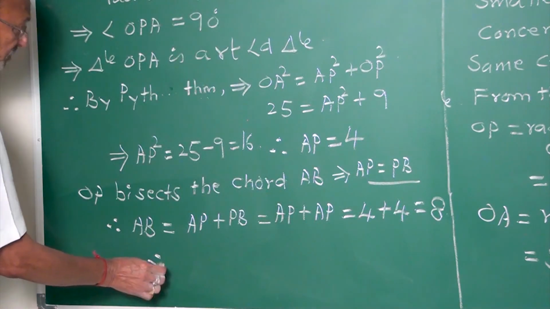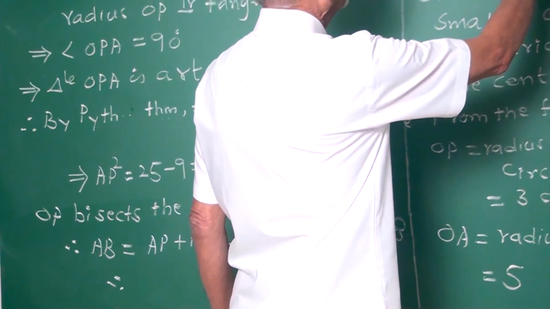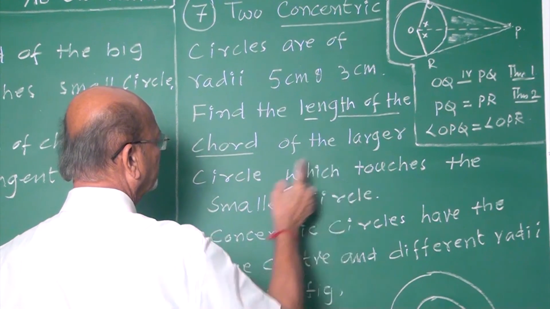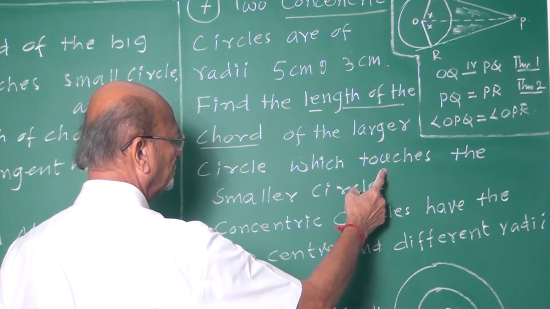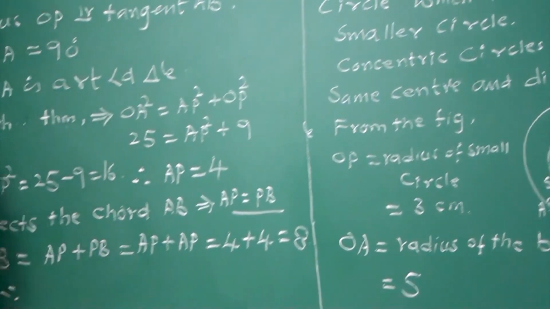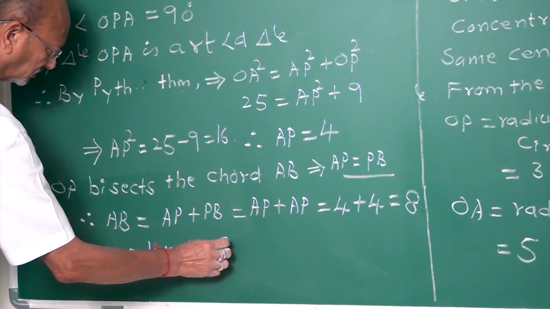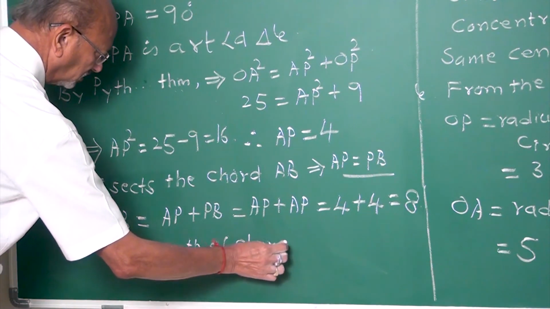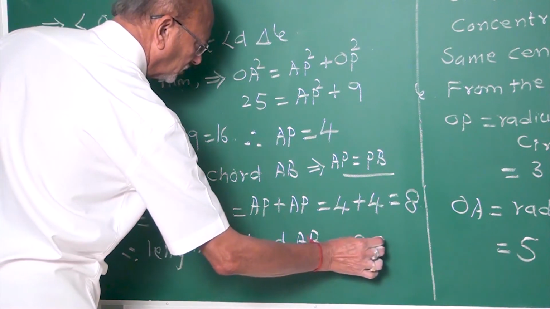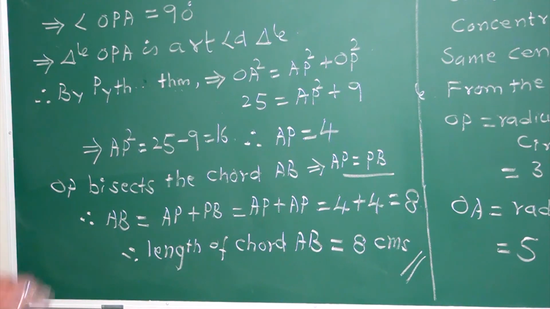Therefore, you have to find the length of the chord. Length of the chord of the larger circle AB, which touches the smaller circle at P, equal to 8 centimeters.